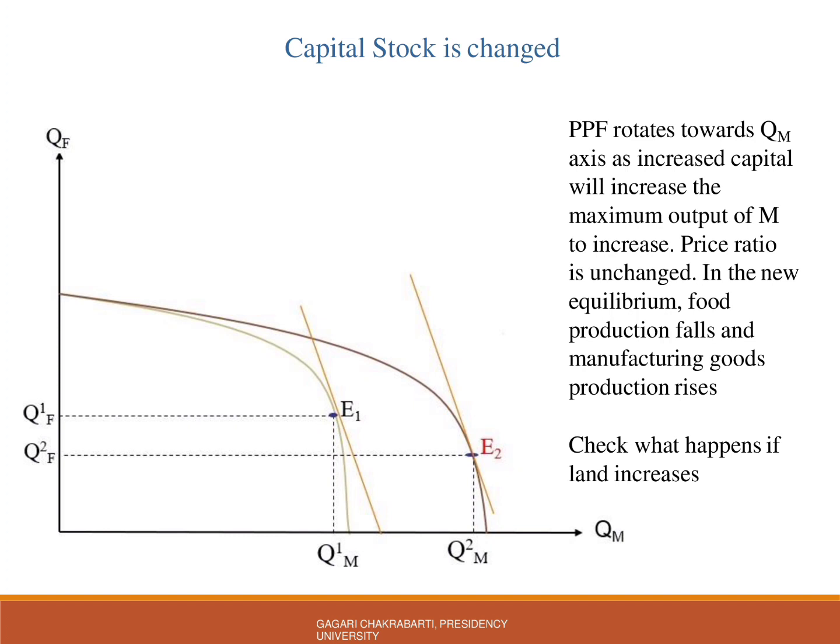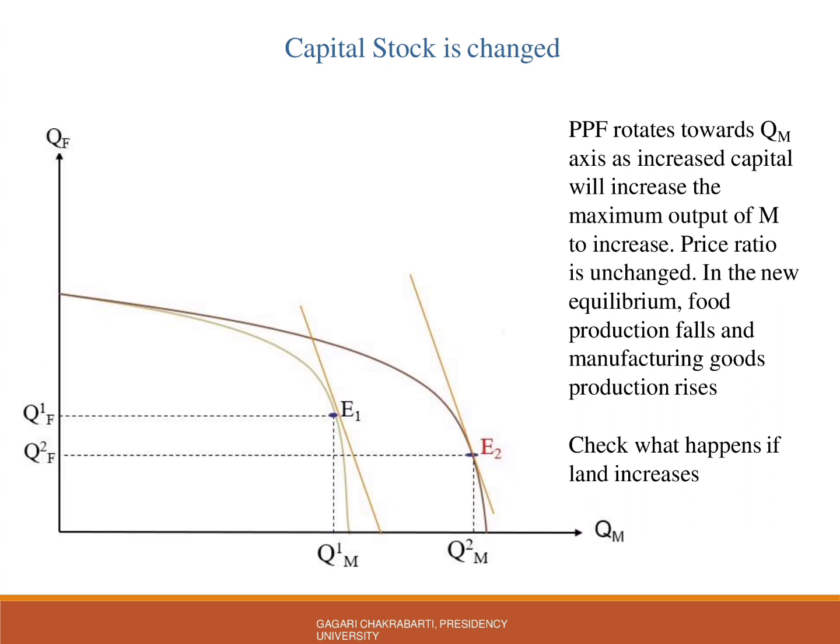So therefore when the capital stock is changed, there is a significant impact on the production also, just like the earlier case. Not only the employment changes, there is some impact on the real returns to the factors of production, but there is a distinct impact on the production of the two commodities also.